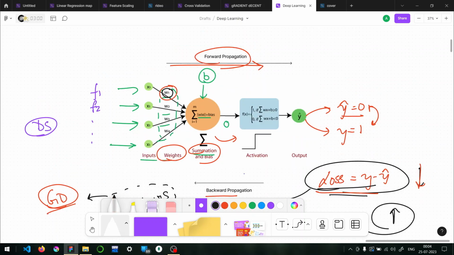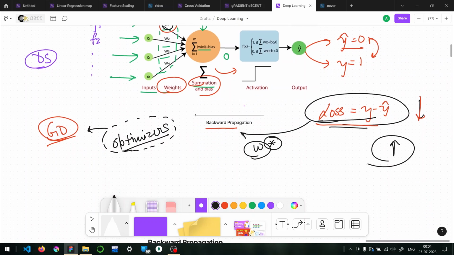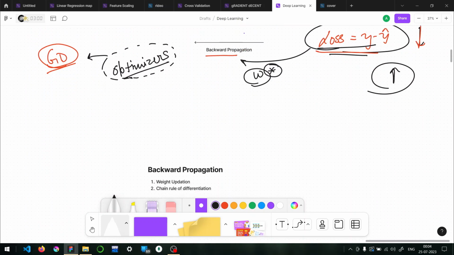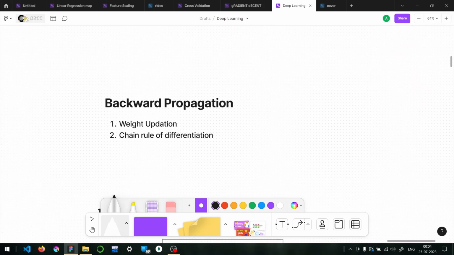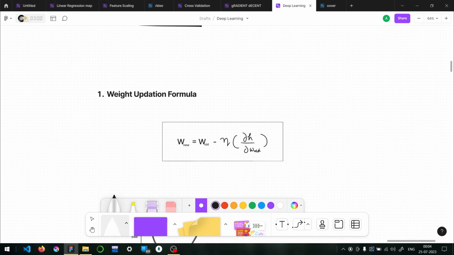So since we know the basics of the forward and the backward propagation in deep learning, let us further continue our discussion over the backward propagation. Okay, so there are two main topics in the backward propagation. The first one is the weight updation, and the second one is the chain rule of differentiation. Okay, so let us start from the weight updation itself.